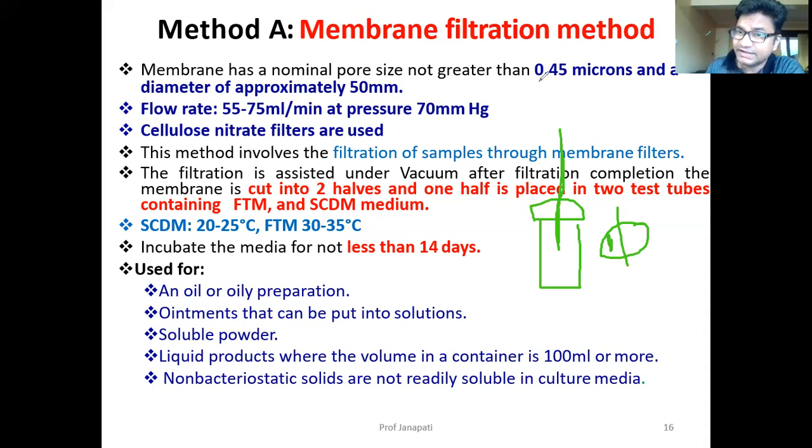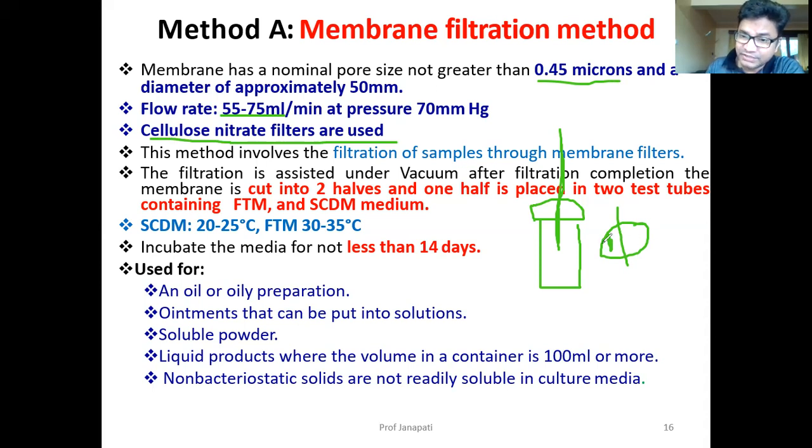You can see here, we use 0.45 micron filter paper. The flow rate is between 55 to 75 ml at a pressure of 70 mm of Hg. Usually cellulose nitrate filter papers are used.